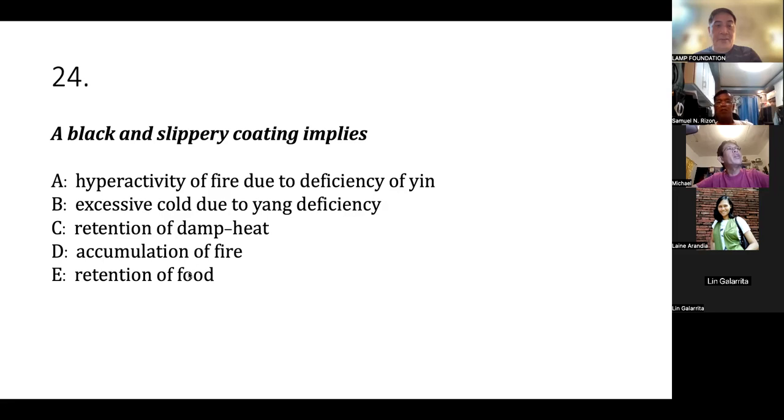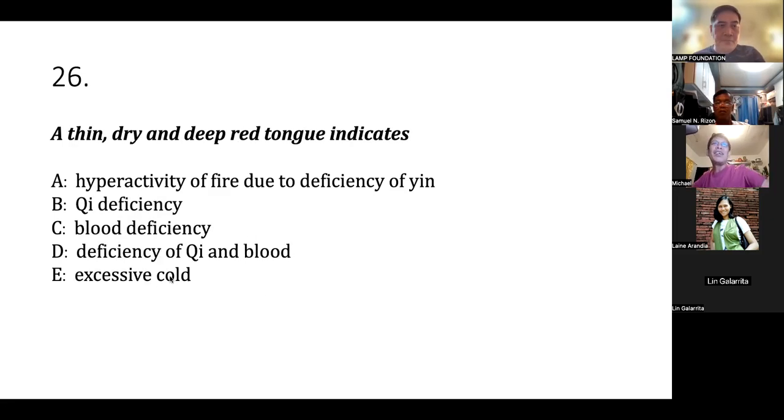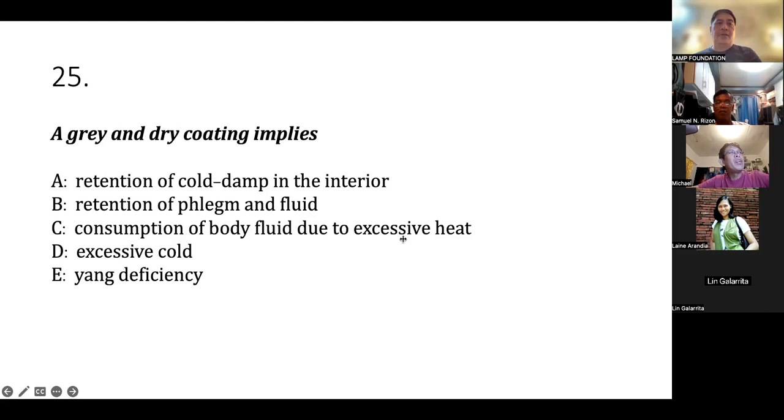A gray and white coating implies letter C, consumption of body fluid due to excessive heat. Pati yung nabanggit kanina, excessive heat. Gray and dry. So have you seen the difference here?